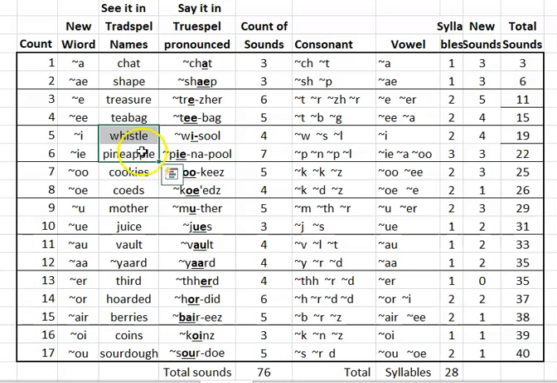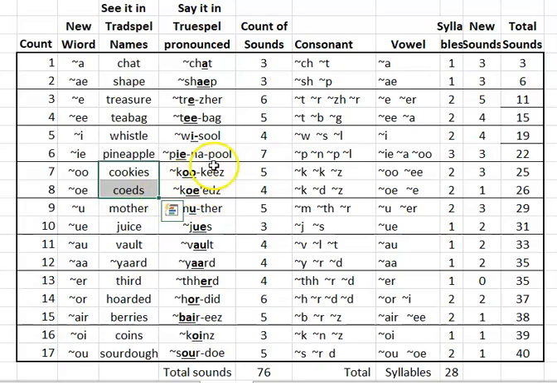And the word pineapple, I think is supposed to be stressed on the first syllable, but he says it with the stress on the second. I would differ with that. I believe it's stressed on the first syllable. Cookies and co-eds.